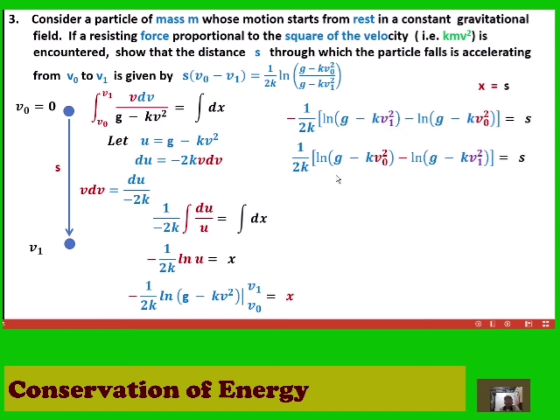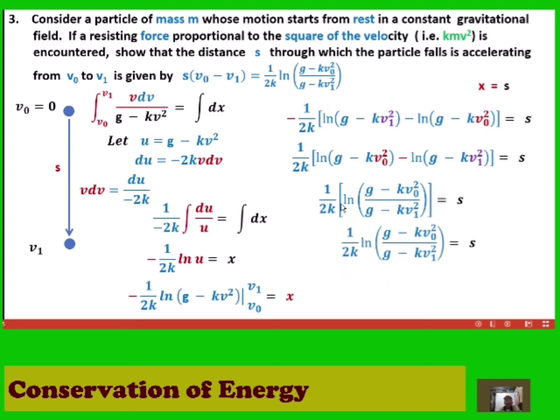Then we express the logarithmic form into its original form. Subtraction is the result of dividing or division. So this is ln of quantity g minus kb sub o square over g minus kb sub 1 square. Then we eliminate the grouping symbol and we interchange the left and right side of the equation.